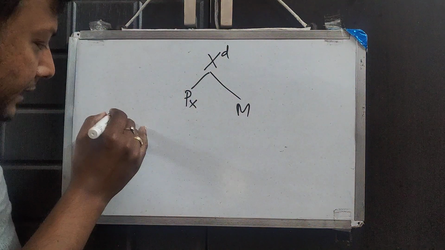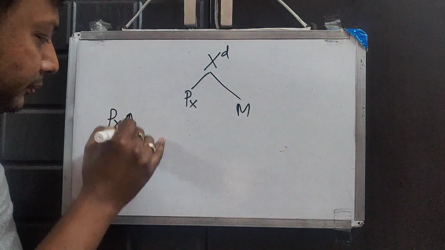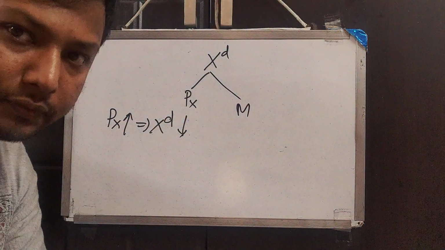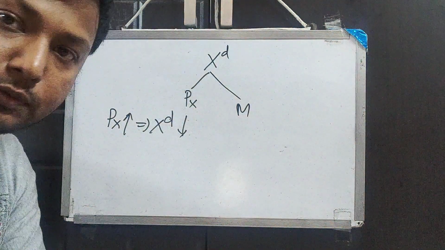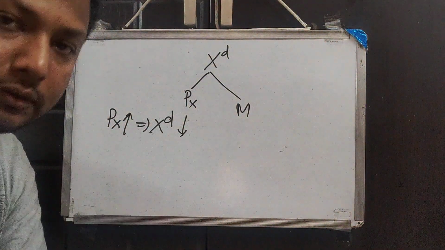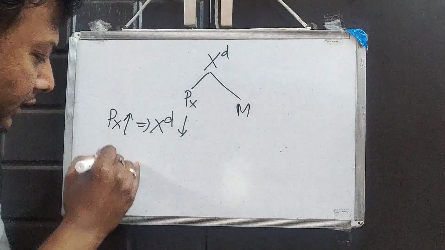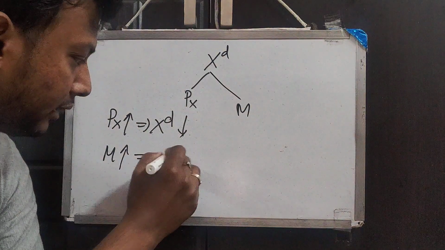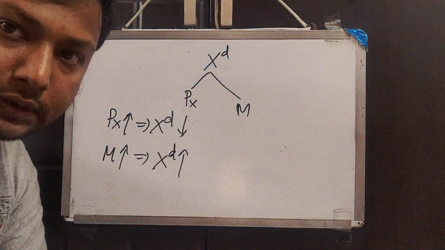We know that when price goes up, demand will go down. It's quite obvious. If price goes up, purchasing power will go down, so demand will go down. On the other hand, if the income of the consumer goes up, demand will go up. Okay.